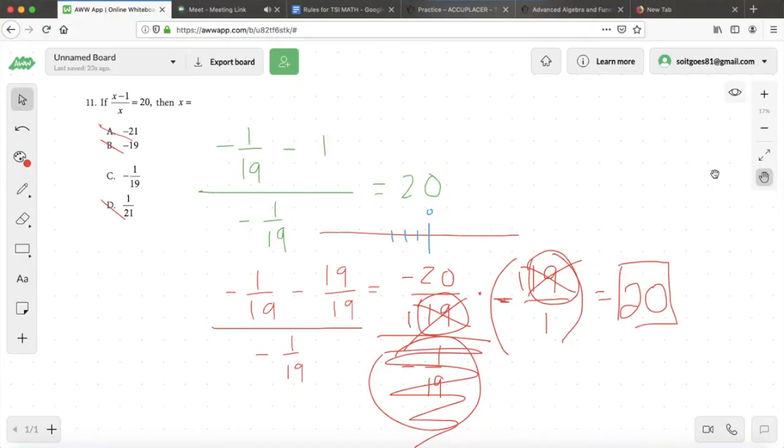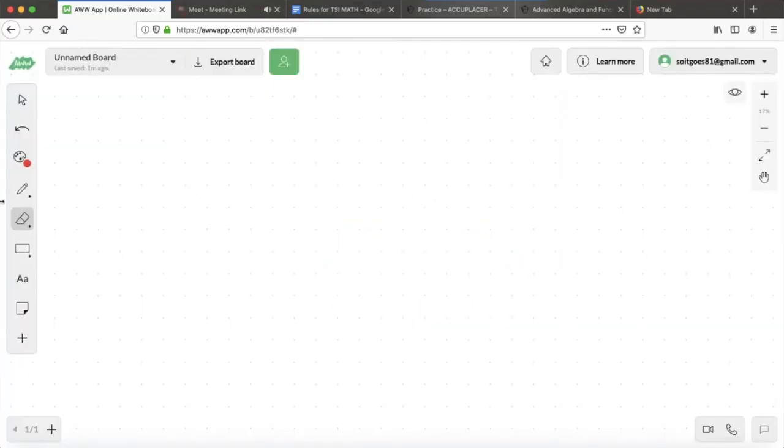If you can turn it into arithmetic like you can here, just do that. At the very least, it's really easy to eliminate A and B. If you had to guess between C and D, you've got a 50-50 shot, which is pretty good odds, better than 1 in 4. But again, no algebra necessary there.